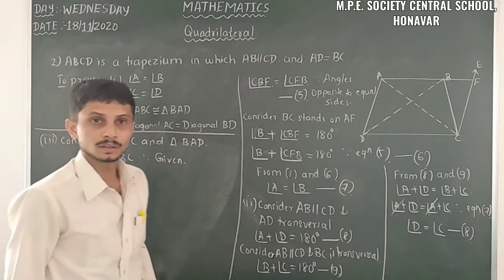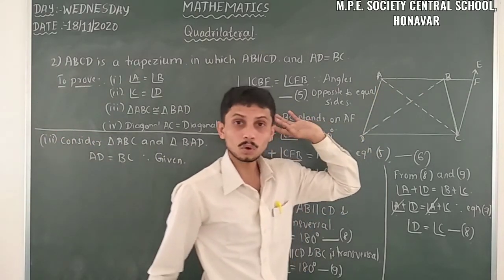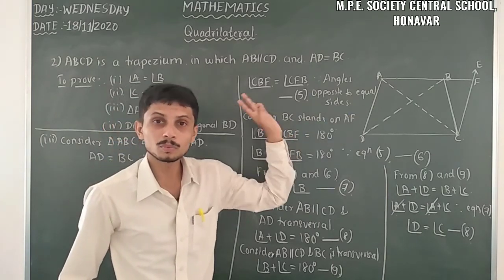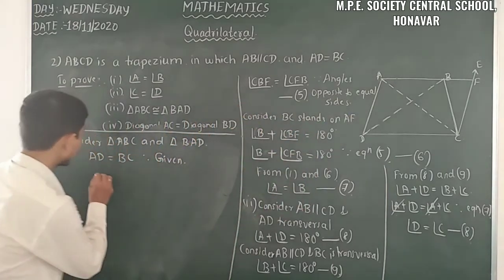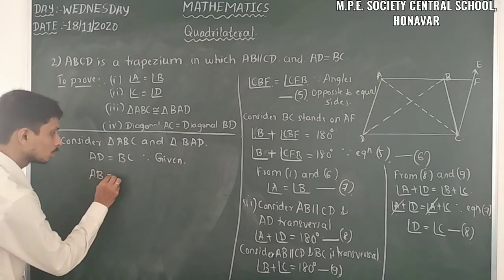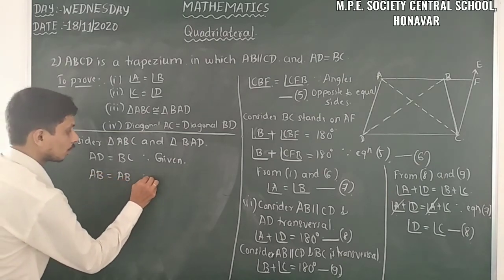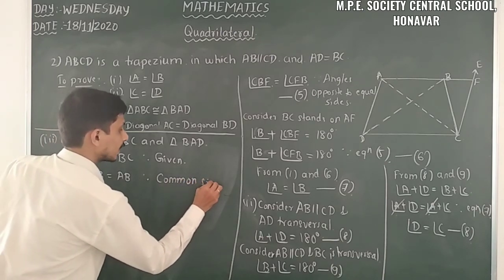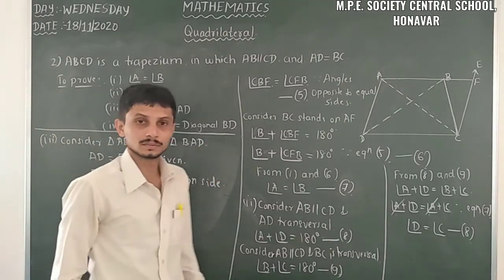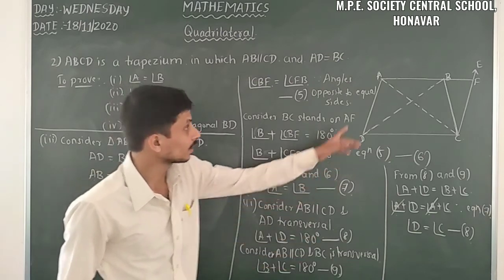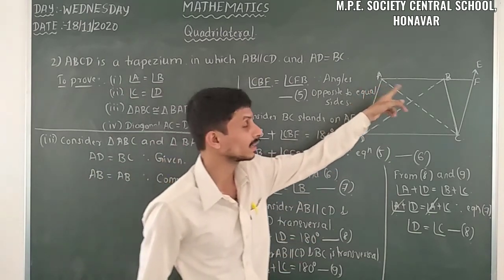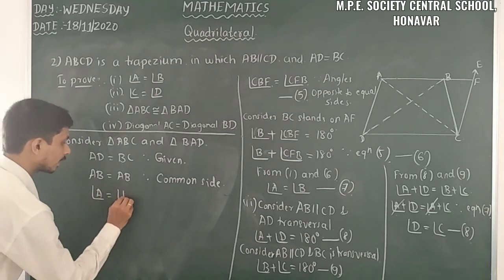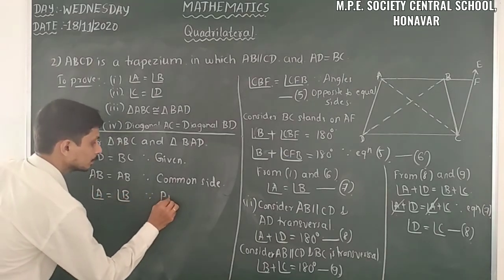Then just observe AB is common for both these two triangles. That's why we can take AB is equal to AB because it is a common side. Any other equality? We already proved that angle A is equal to angle B.